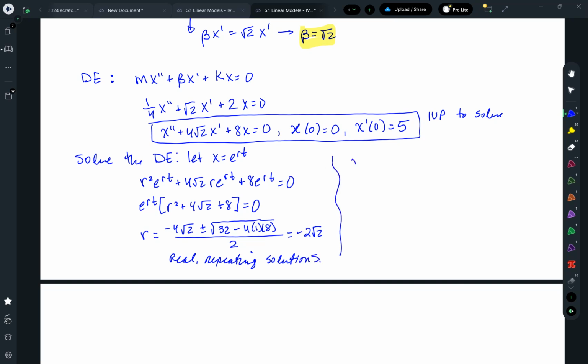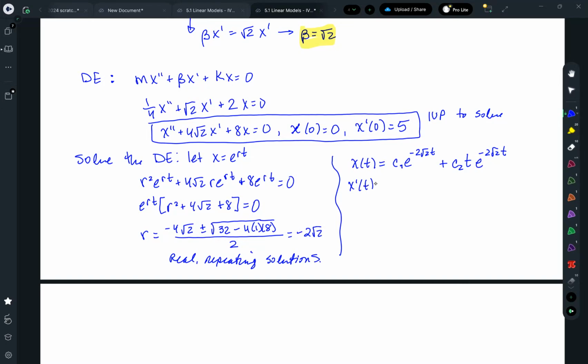And so what that means is that x of t is equal to c1 e to the negative 2 square root 2 t. That's for the first solution. Plus c2, and it's going to be repeating, so I'll put a t multiplier, times e to the negative 2 square root 2 times t. All right, that's my equation of motion, and I need its derivative as well.